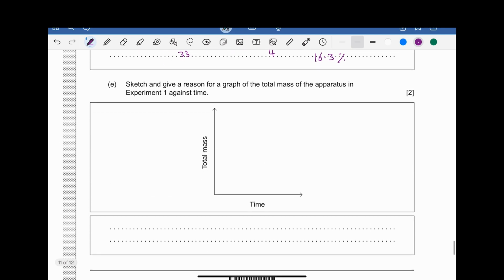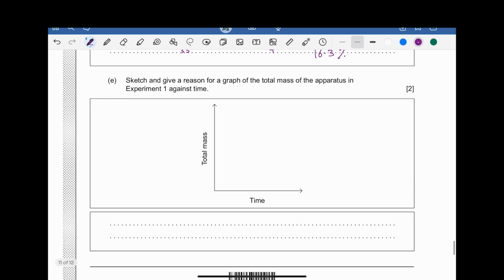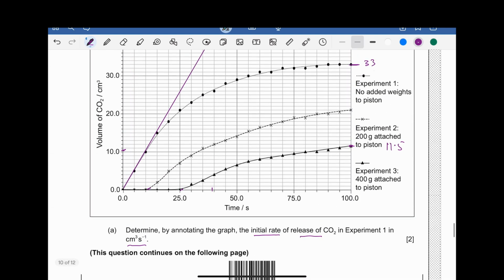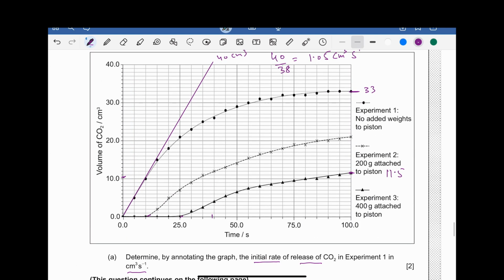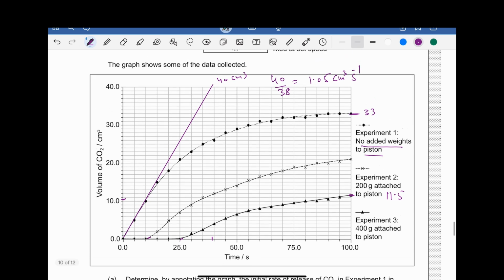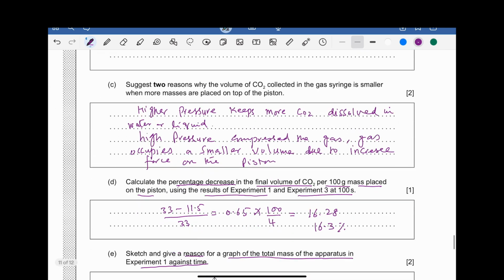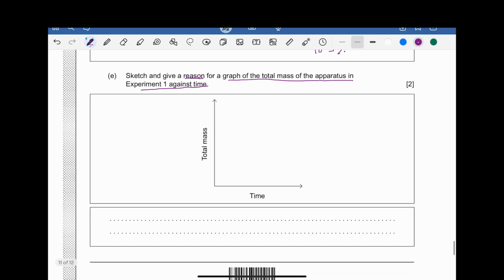E. Sketch and then give a reason for a graph of the total mass of apparatus in experiment 1 against the time. So let's go back into experiment 1. So no added weights to the piston. The total mass will stay the same, and the graph should look like this, a horizontal line.